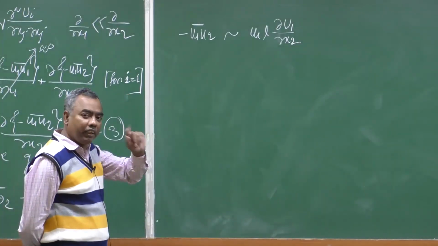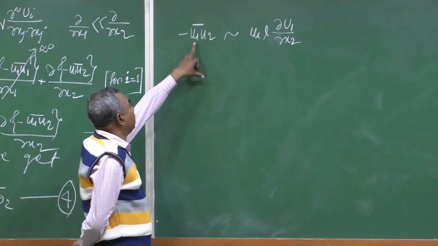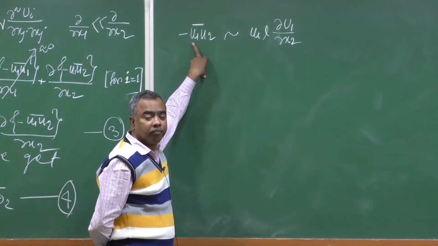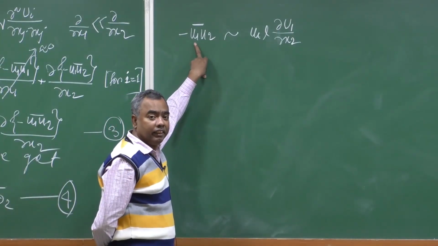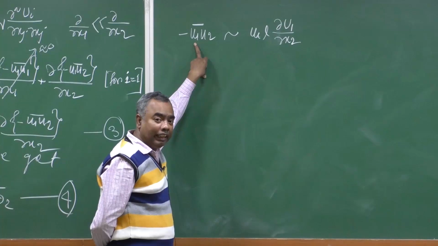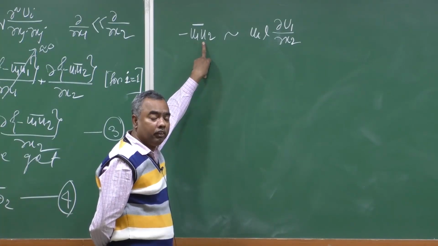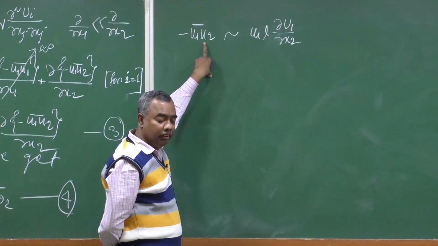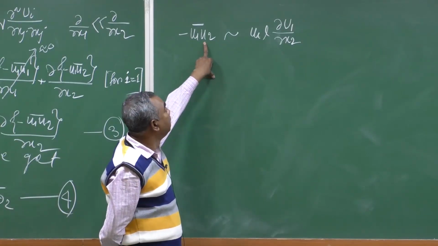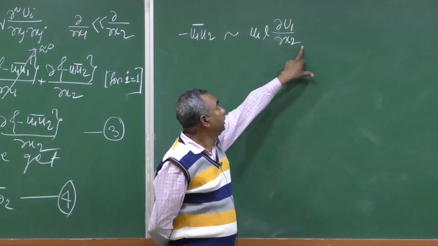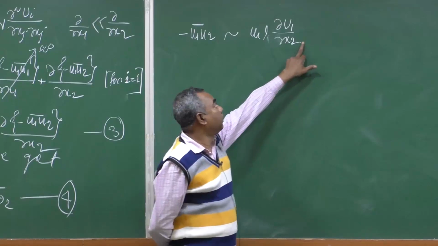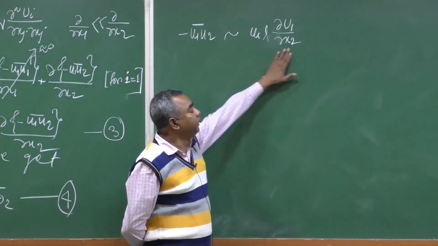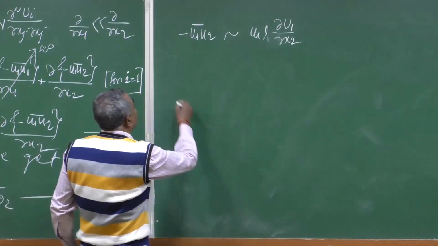Okay. That is what we have learned. That means, the Reynolds stress is essentially x1 momentum transported by u2 in the x2 direction, in this gradient direction. Okay. That can be written in this fashion.